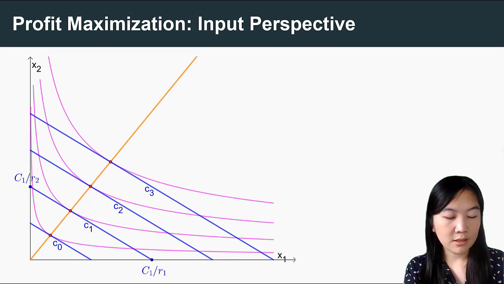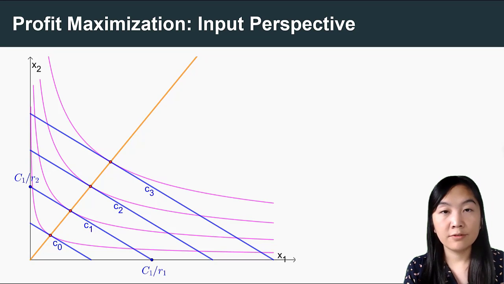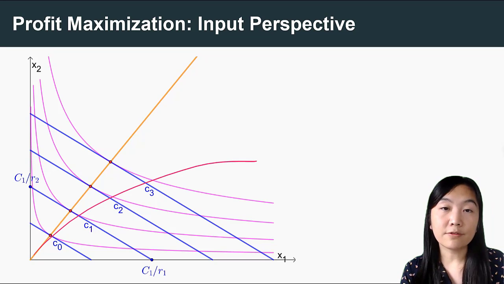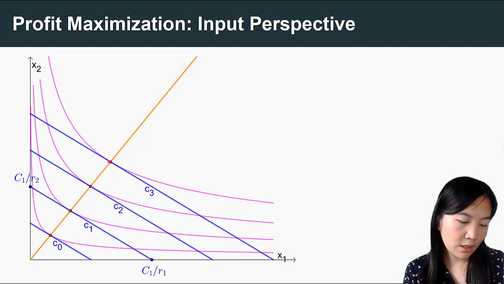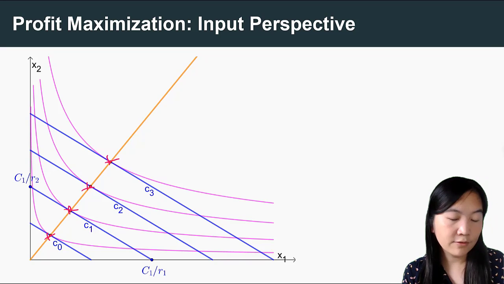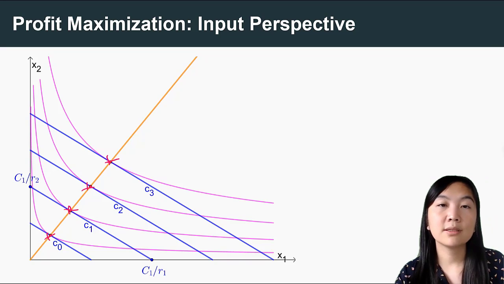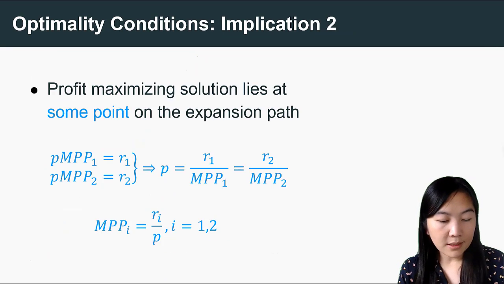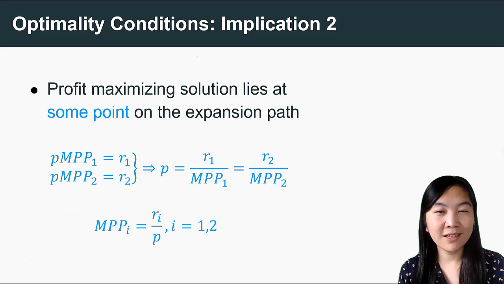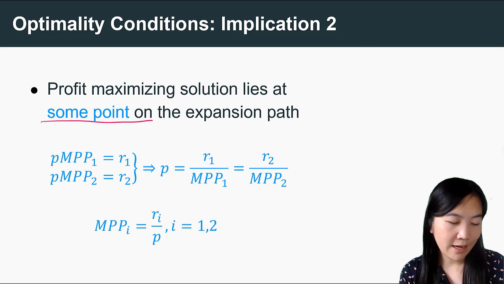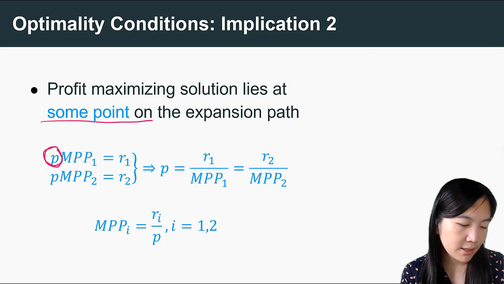However, remember, if it's not a homogeneous function, then your expansion paths could be different. They could be in other shapes. Here, those are all cost minimization points, and you have to decide which point is profit maximizing.